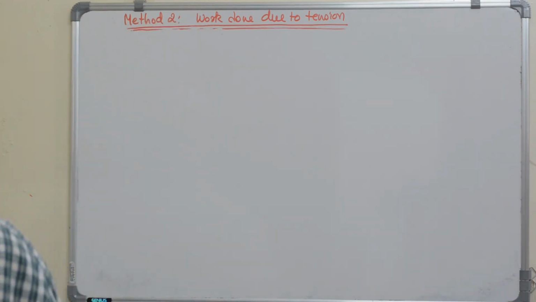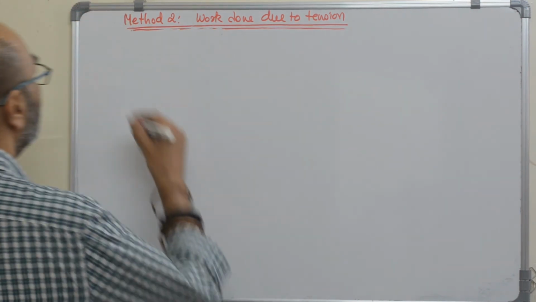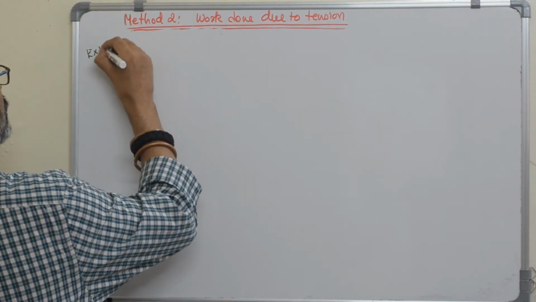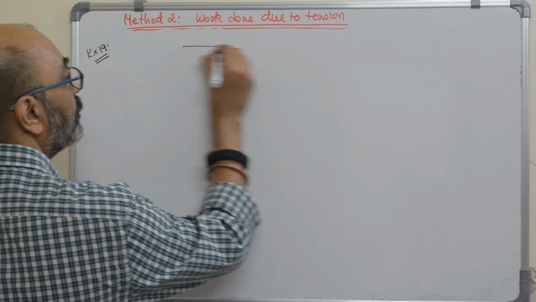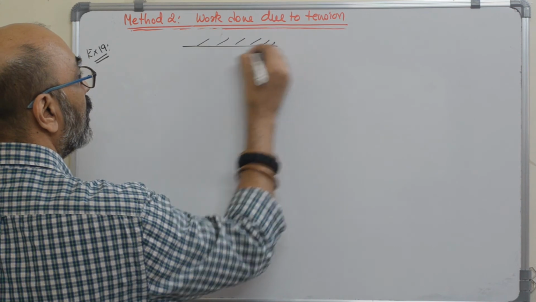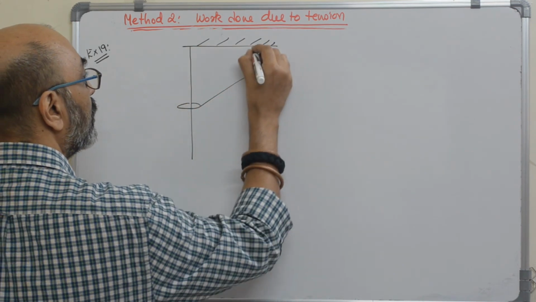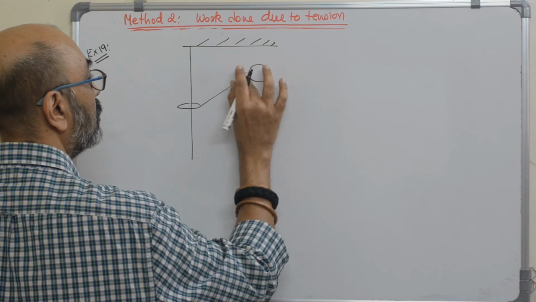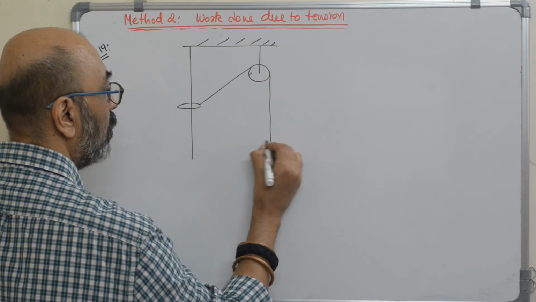Okay, 18 done. 19. Example 19. We have a rod here, we have a ring here, pulley, load.